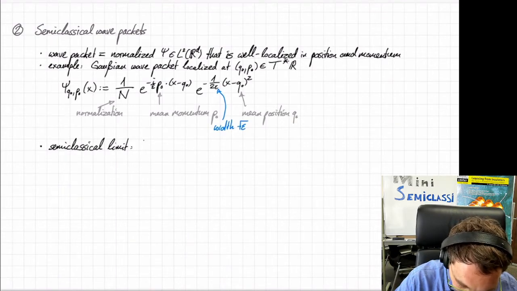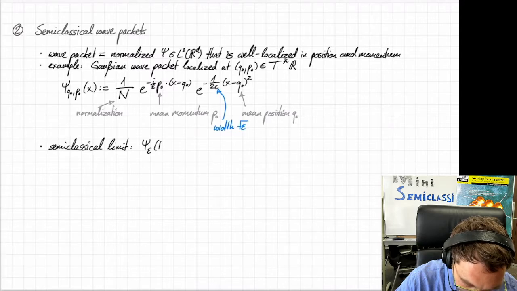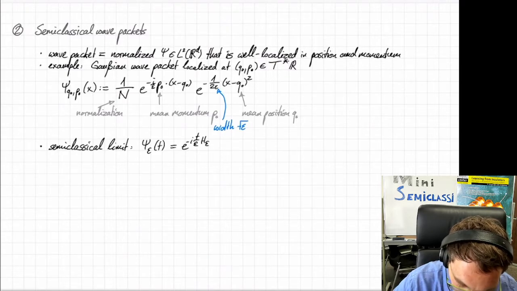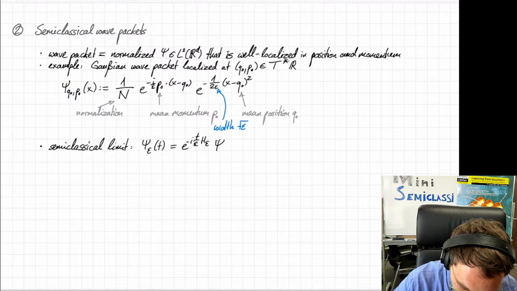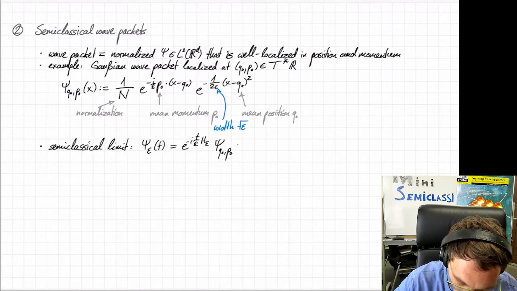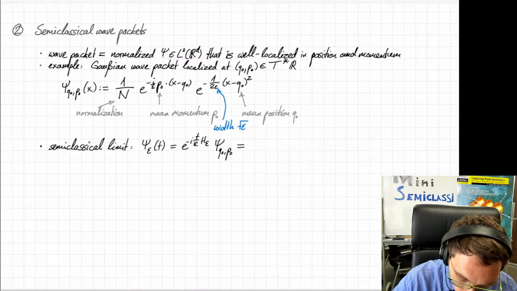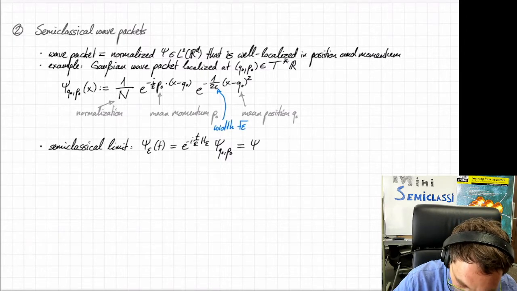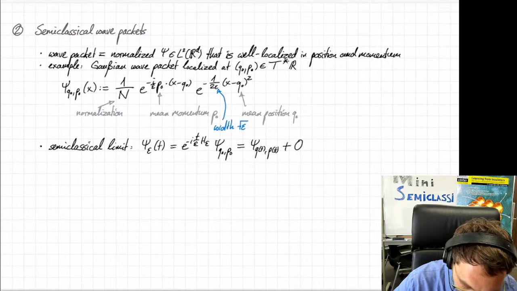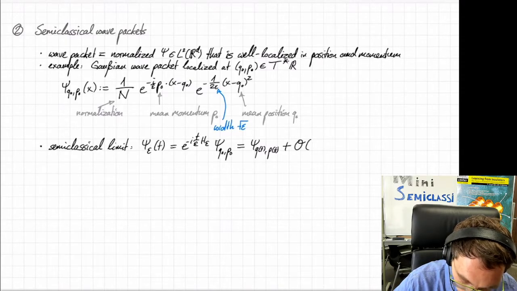then the time evolved state, which is equal to e to the minus i t divided by epsilon H epsilon, applied to psi q naught p naught, is equal to psi of q of t and p of t plus an error of order epsilon to the alpha.